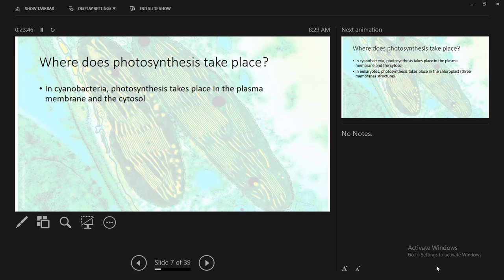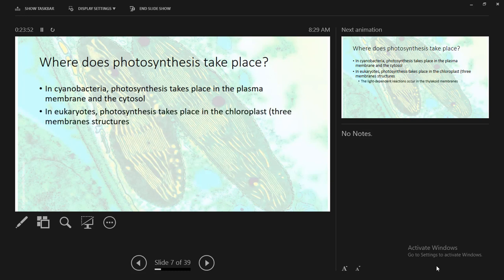And then some of the light independent reactions take place just in the cytosol, that fluid of the cell. But in eukaryotes, photosynthesis always happens in the chloroplast.